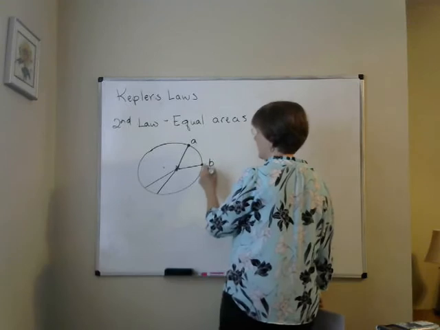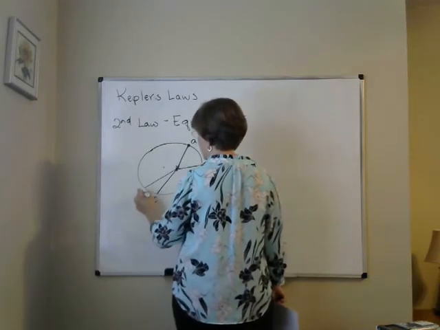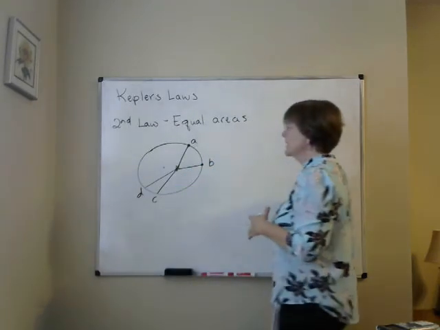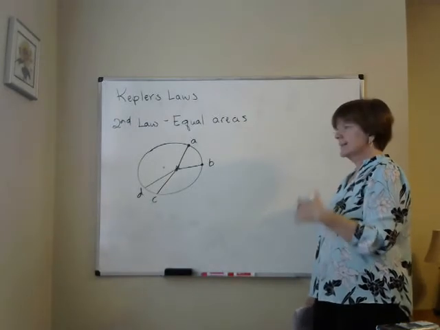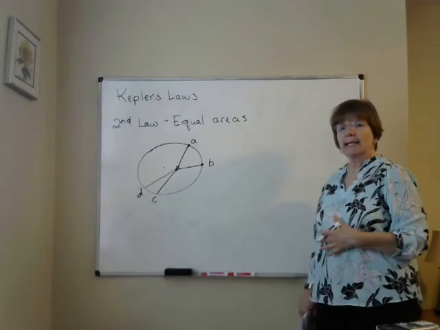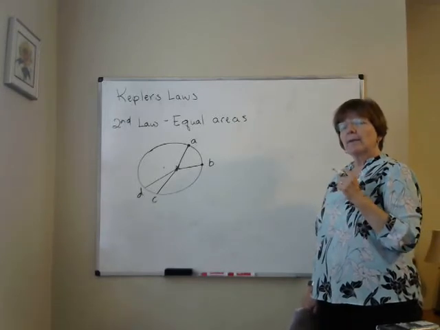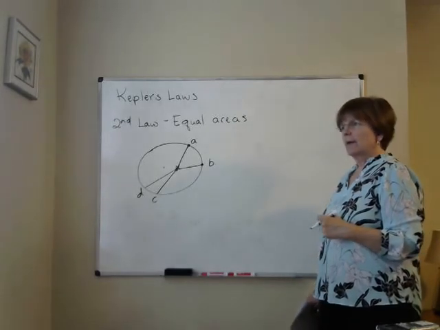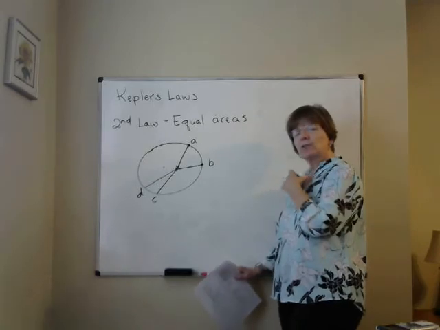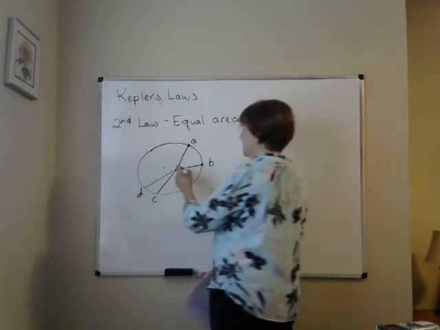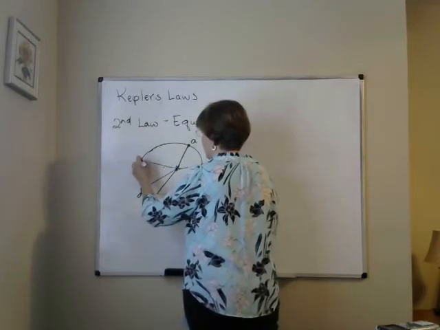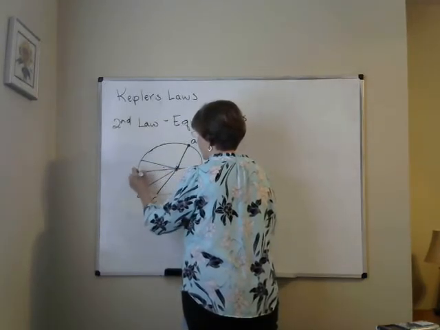There's A, B, there's C, D. If it takes the same amount of time to go from A to B as it takes to go from C to D, those are equal areas. A planet will, what they call, sweep out an equal area in the same amount of time. Notice it will look even different over here.